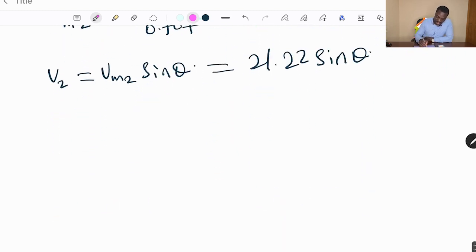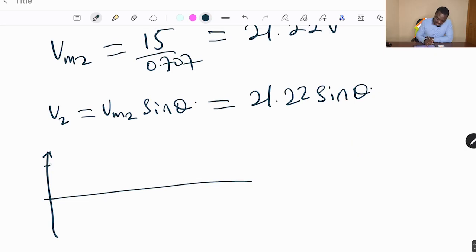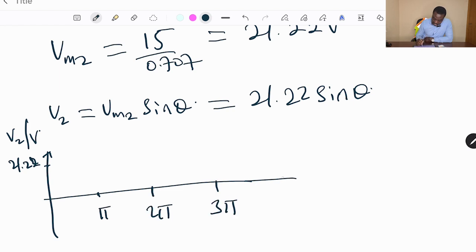But we are going to indicate our alternating voltage from the equation we know here. I can indicate here 21.22, and here is our input, V2 in volts. Then we have pi, 2 pi, 3 pi, and then 4 pi.